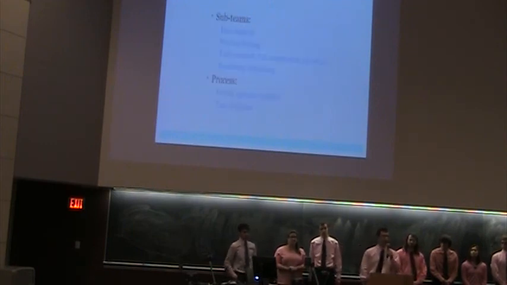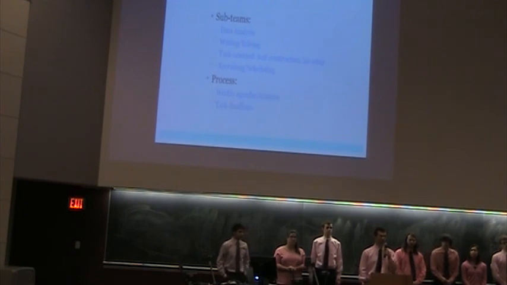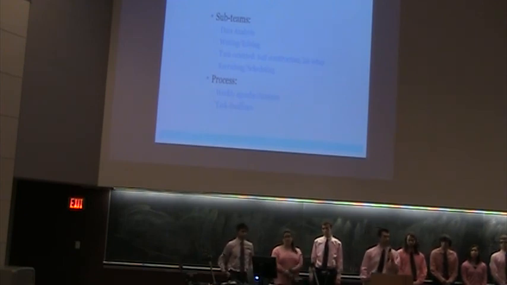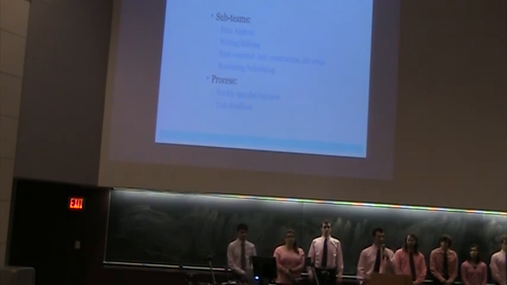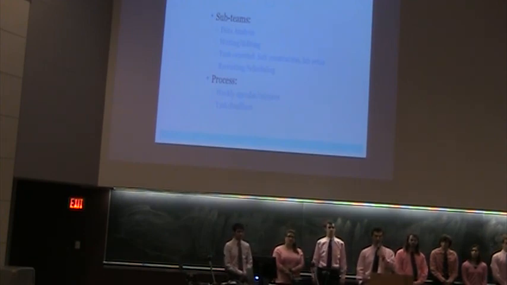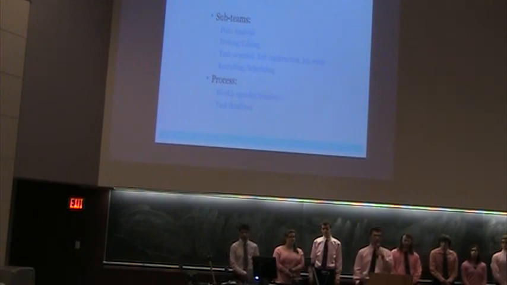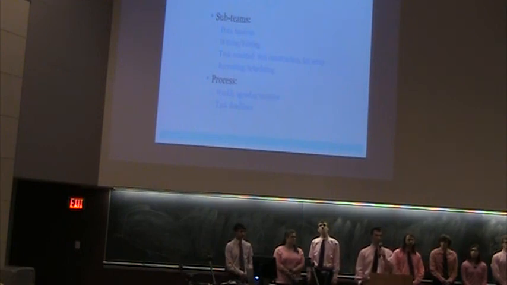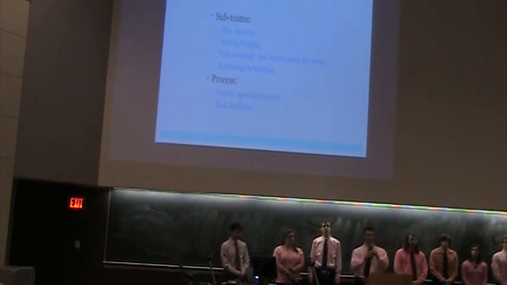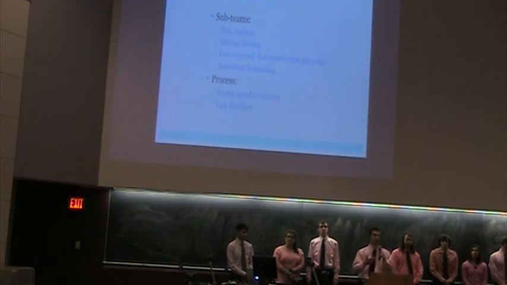So to help keep ourselves organized, we have divided ourselves into a few sub-teams, although we do meet twice as a whole entire team every week. The first sub-team is data analysis. They are the ones who write all the programming, which is in MATLAB, basically writing all the functions that run the data analysis. The second sub-team is writing and editing. That team is responsible for writing any grants and proposals that we have and putting anything like that through.